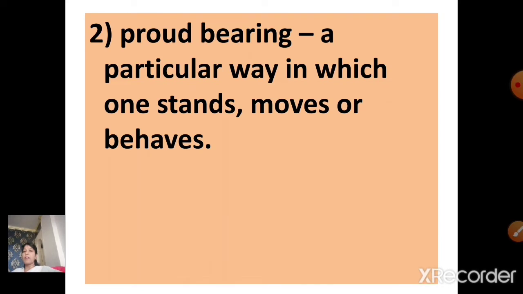The second one, proud bearing. This is a phrase. P-R-O-U-D, proud.